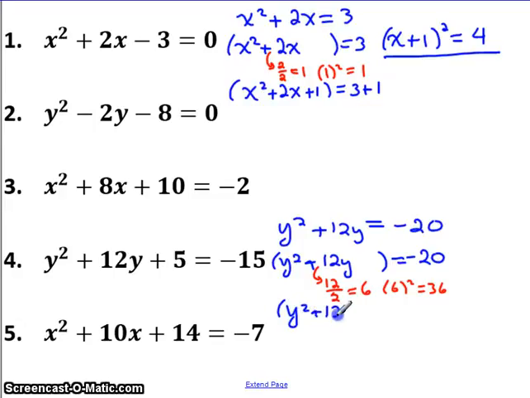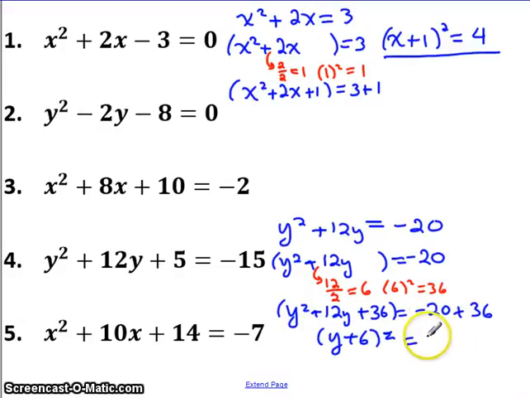Y squared plus 12y plus 36 equals negative 20 plus 36. And now we can take this and factor, and we're going to get y plus 6 squared equals negative 20 plus 36 is 16.